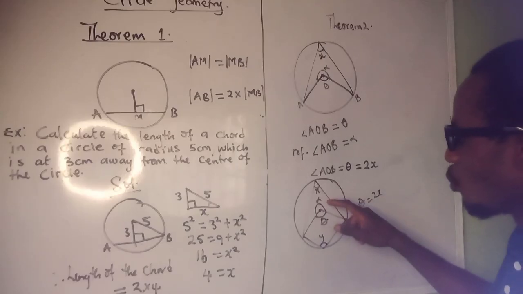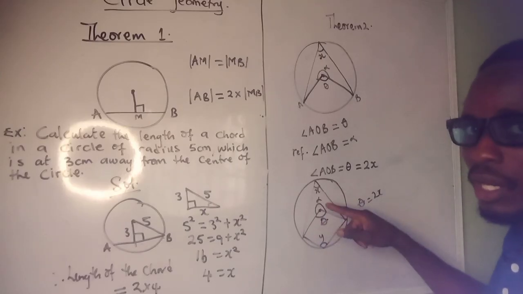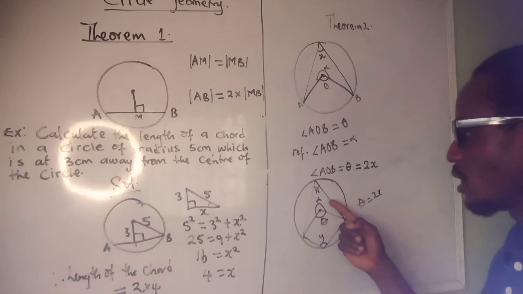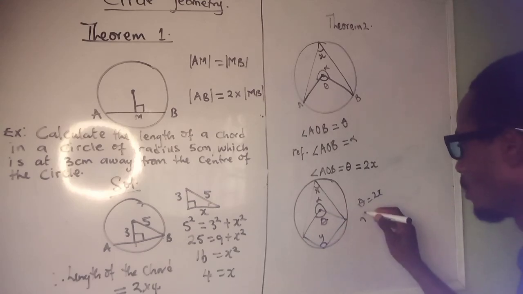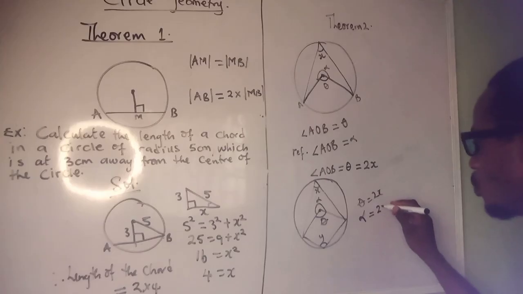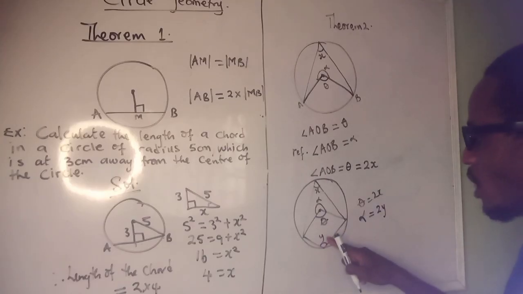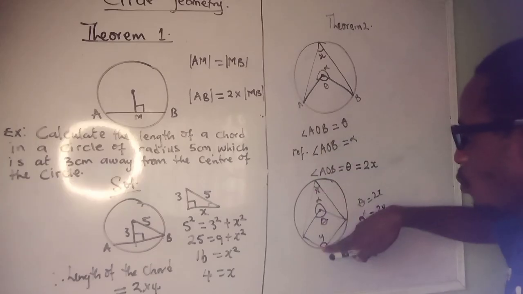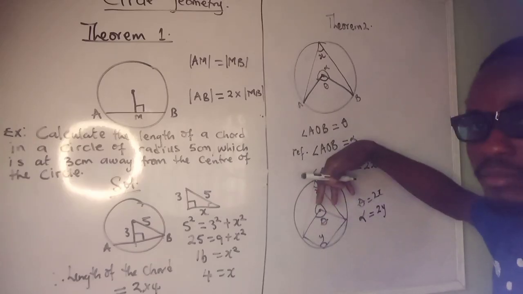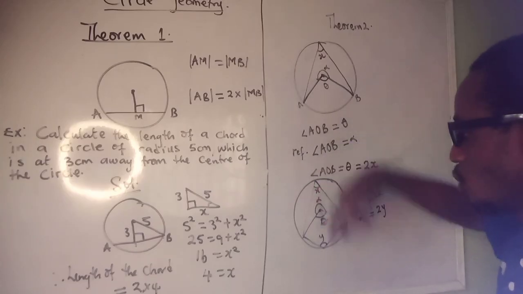Now, which angle will now be behind alpha, and that is y. So which means alpha is 2y. Why? Because y is behind alpha. And then it's not opposite.